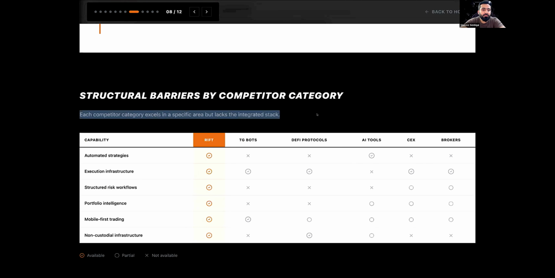Let's look at each competitor category. If we compare Rift with Telegram bots, DeFi protocols, AI tools, centralized exchanges, and brokers, we will see the capabilities of Rift, which are scattered and available across 10 different platforms at a separate level.